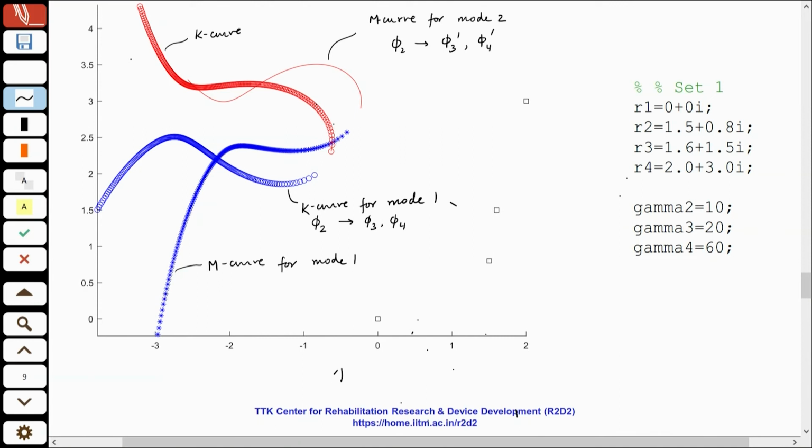It went up to like 10 to the power 15, so you would not be able to see the curves at all. So, I did not plot it here, but if the two curves for the two modes meet, the corresponding M curve or K curve, then that means the compatibility linkage is capable of making a full rotation. Of course, that has no bearing on whether the final linkage will be able to do that.